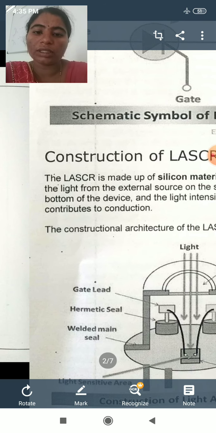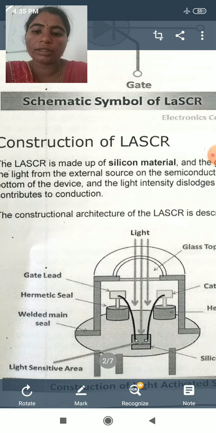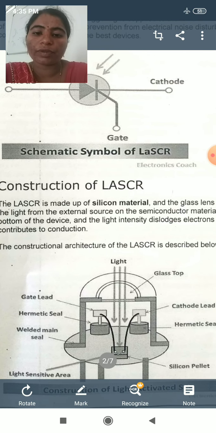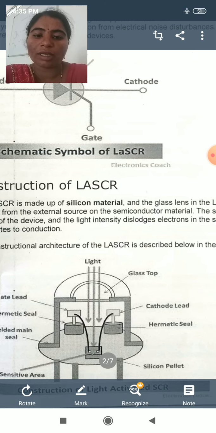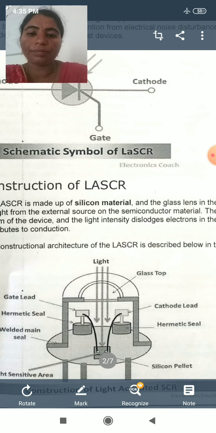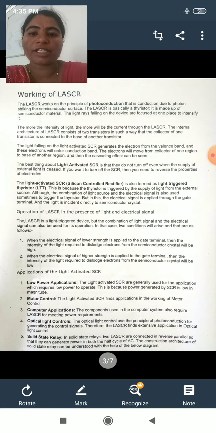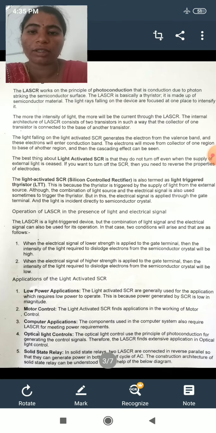Now see the light intensity. The light intensity dislodges the electrons in the semiconductor device, so that it gets turned on, as shown in the figure. Now see the next part, working of the LASCR, how the LASCR gets turned on.